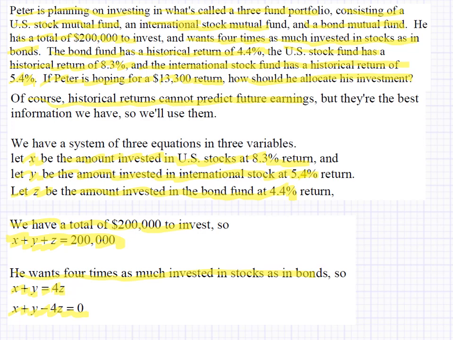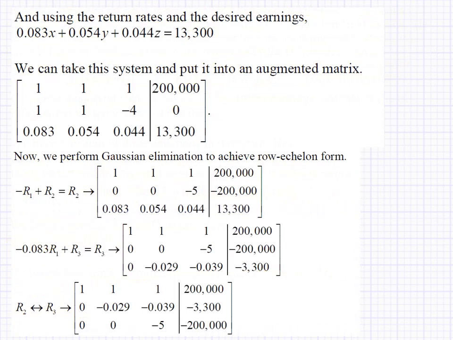So let's keep moving. If we start working with the return rates, we know the 8.3% return rate, the 5.4% return rate, and the 4.4% return rate for each of those items. So you have to turn your percents into decimals, so the 8.3% to a decimal would be 0.083, etc. So then we get this equation.